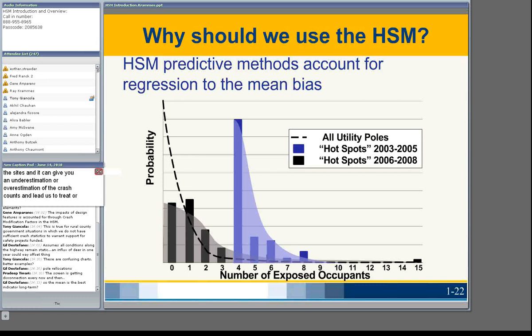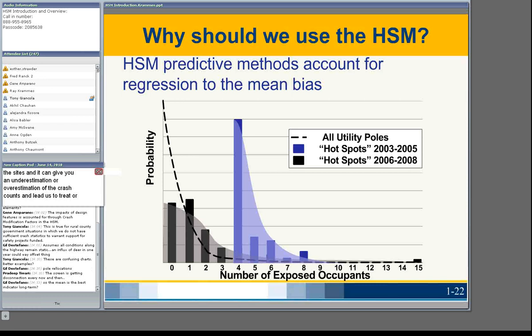To account for the difference from our base conditions to either our actual or proposed conditions, we use an equation, and it's just the total predicted crashes is equal to our CMFs, which is CMF 1R through XR, whatever CMFs are applicable to our project, times the number of crashes that we calculated using our safety performance function.